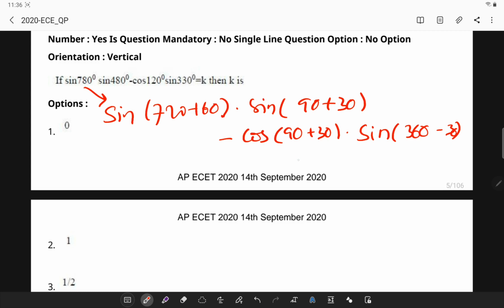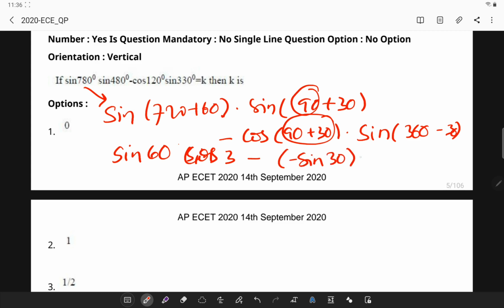If you substitute the values, sine of (720 plus theta) will be sine theta, so I can simply write sine 60. Similarly, cos 480 I can write as cos 30 in multiples, and cos of (90 plus theta) is minus sine theta, so I can write minus sine 30.